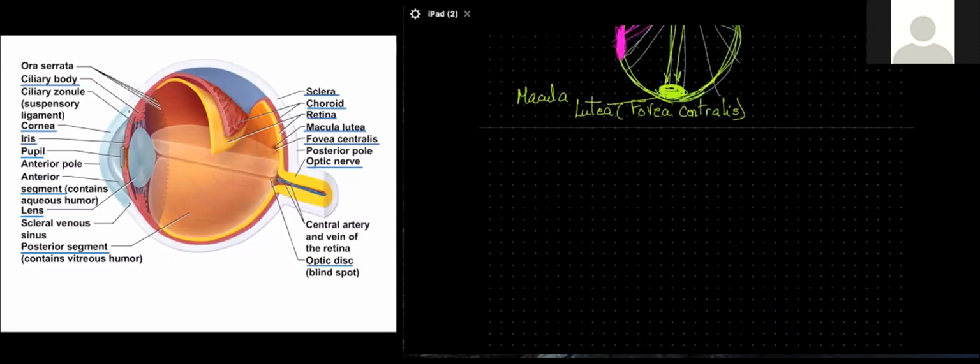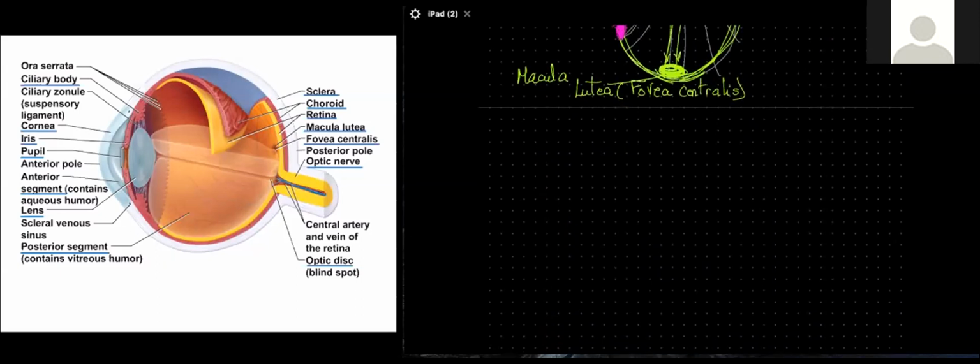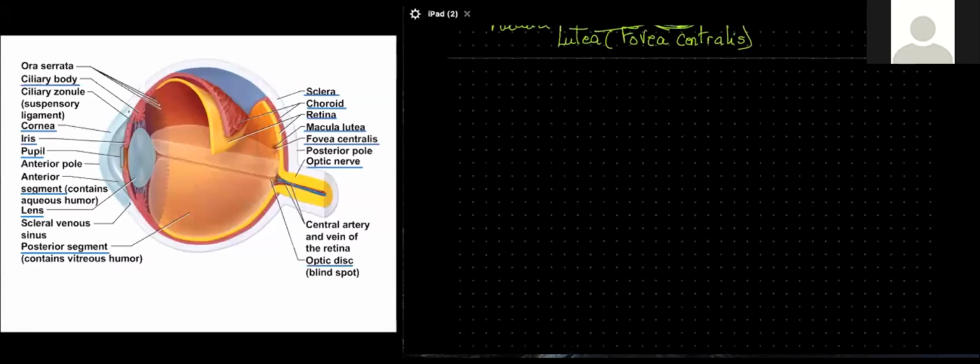All right, so if we're getting closer to the retina, how's the retina gonna look like under the microscope? Again, what we're looking at in here, this is the eyeball from inside.